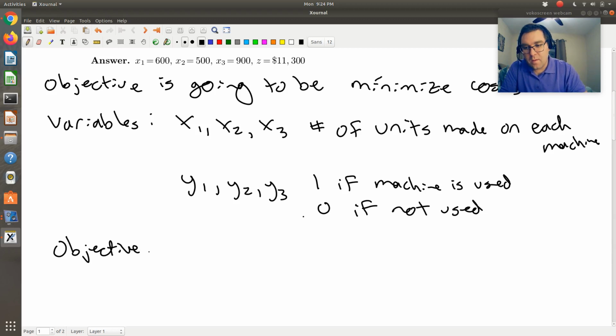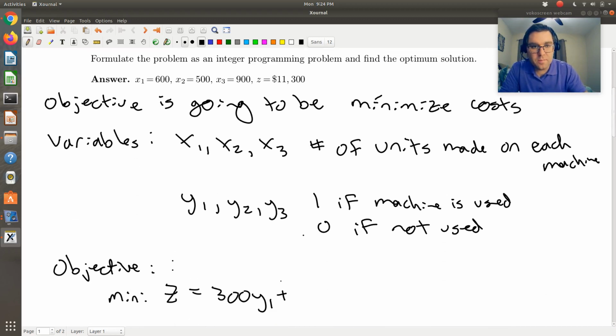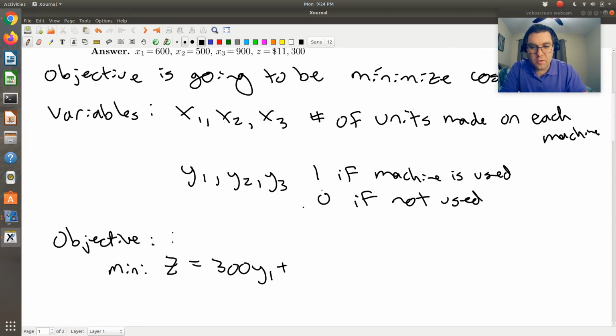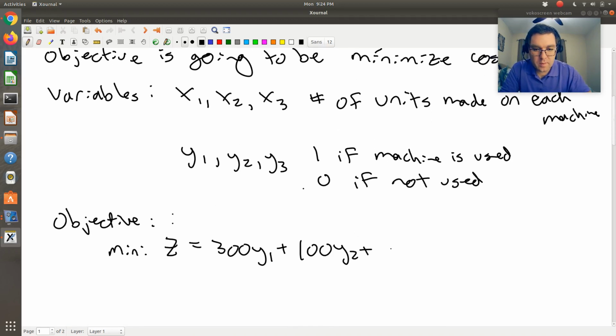So I'm going to define my objective z. Our goal is to minimize our cost, and so z is going to be associated with the cost of setting up each type of machine. So we'll have 300 y1 plus 100 y2 plus 200 y3. Here's the cost, in dollars, of setting up each type of machine.